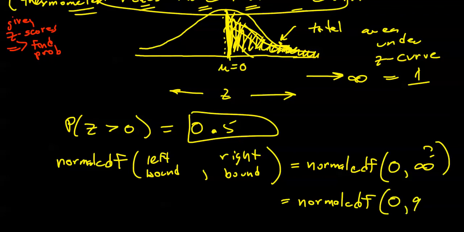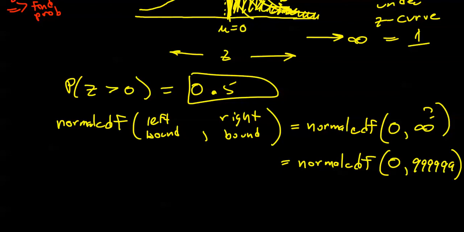For positive infinity, our author suggests using the value 999,999,999, right? All right, so I'll use this as our best approximation for infinity.